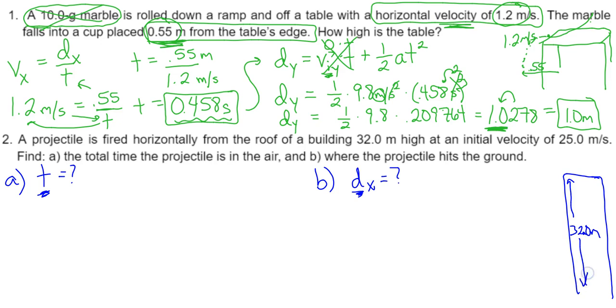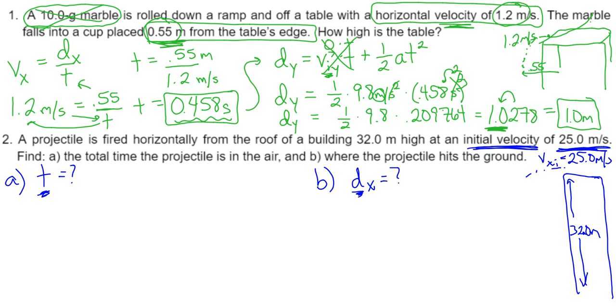The projectile comes off of the building with an initial velocity. That's important. An initial velocity of 25 meters per second. And of course that's in the x direction, so the initial velocity in the x direction is equal to 25.0 meters per second. We want to figure out how much time it spends in the air for A and what is the distance away from the building that it hits the ground.